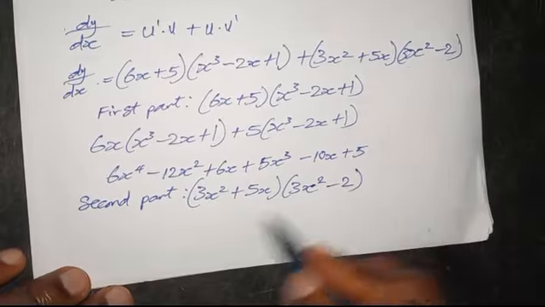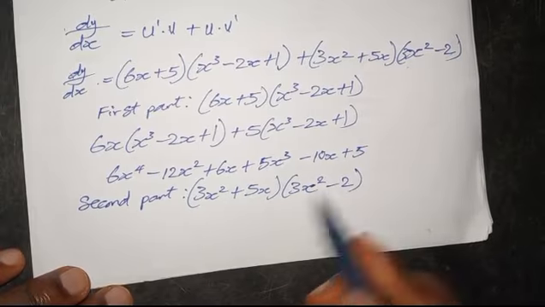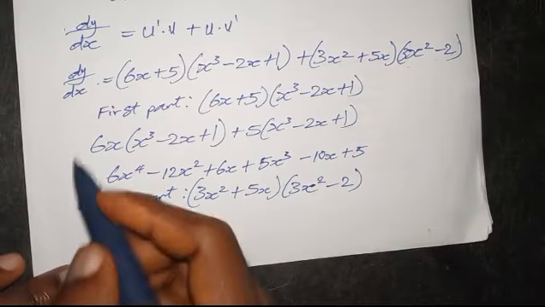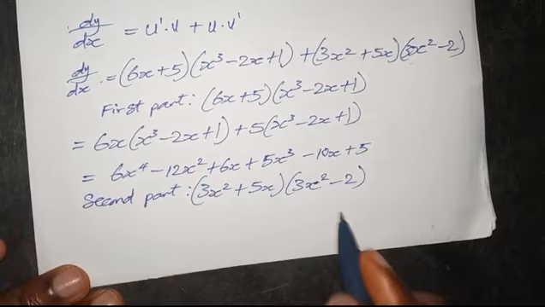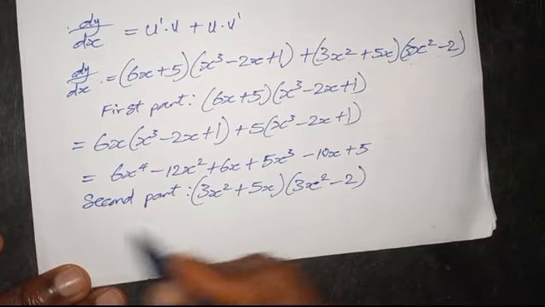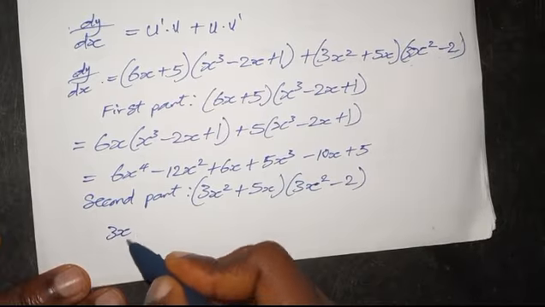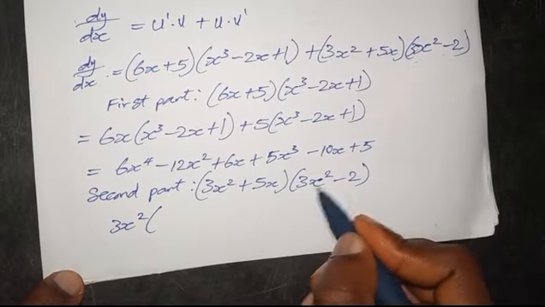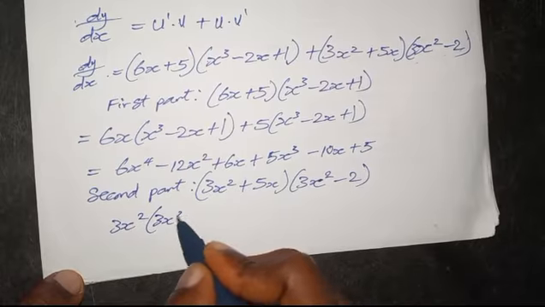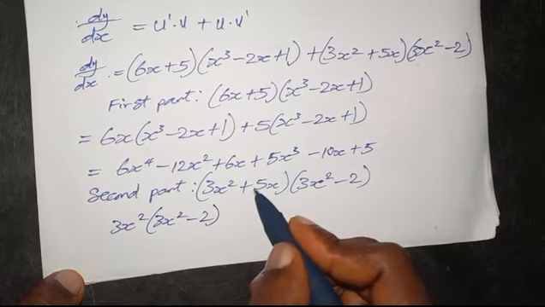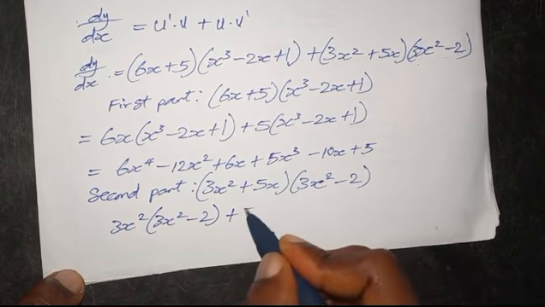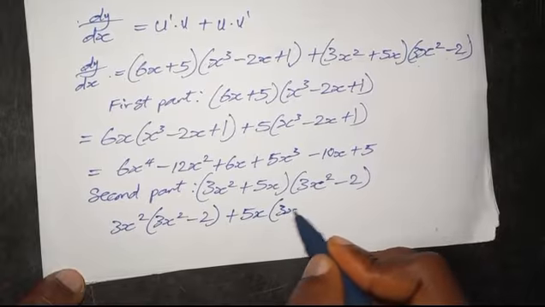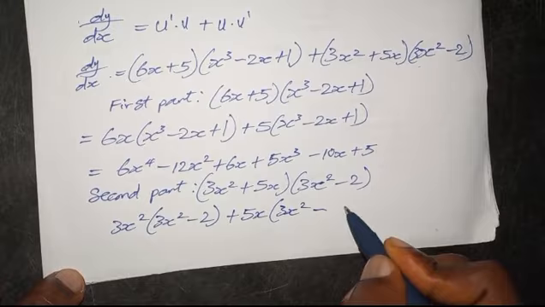Sorry for that. You have to use this and multiply with this, use this and multiply with this, also the same way you did in the first one. You have to put this in brackets so that you don't make a mistake. You multiply through by this (3x squared minus 2), and this one comes with a positive sign, that's plus 5x. You multiply through this also, which is (3x squared minus 2).